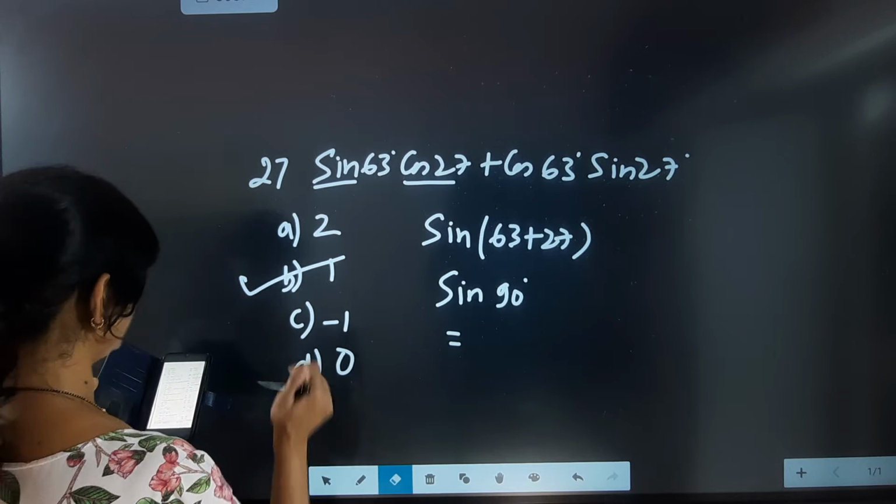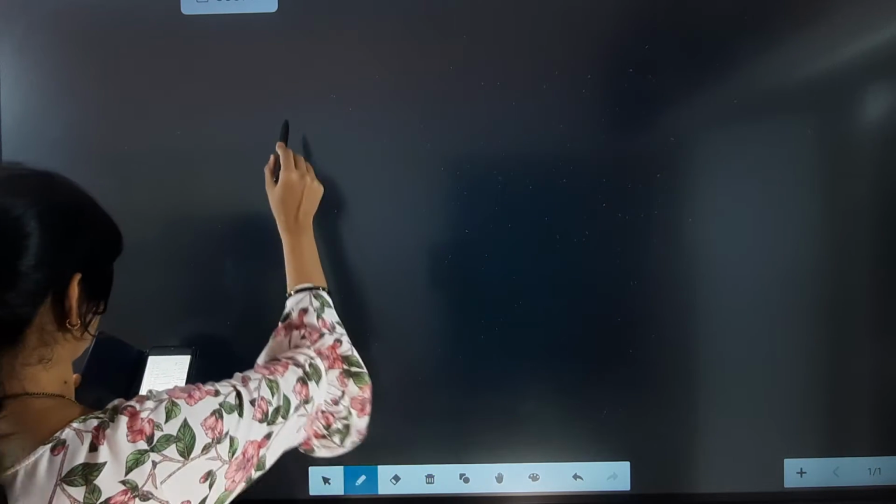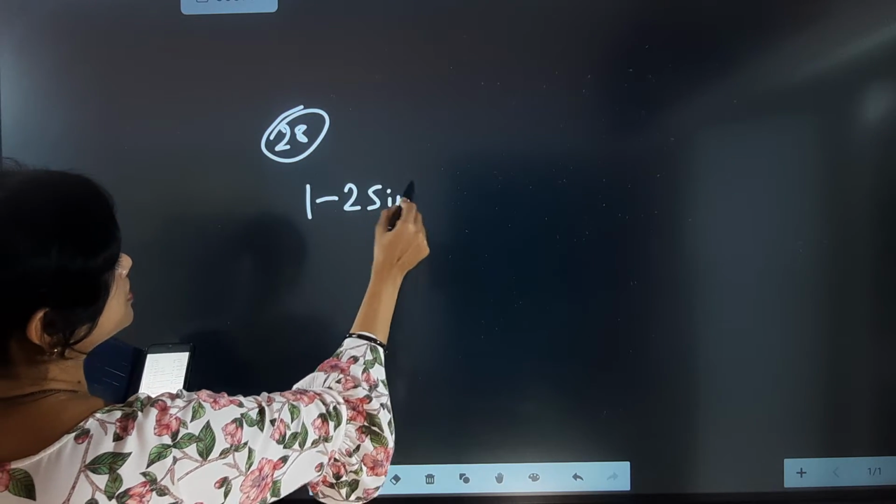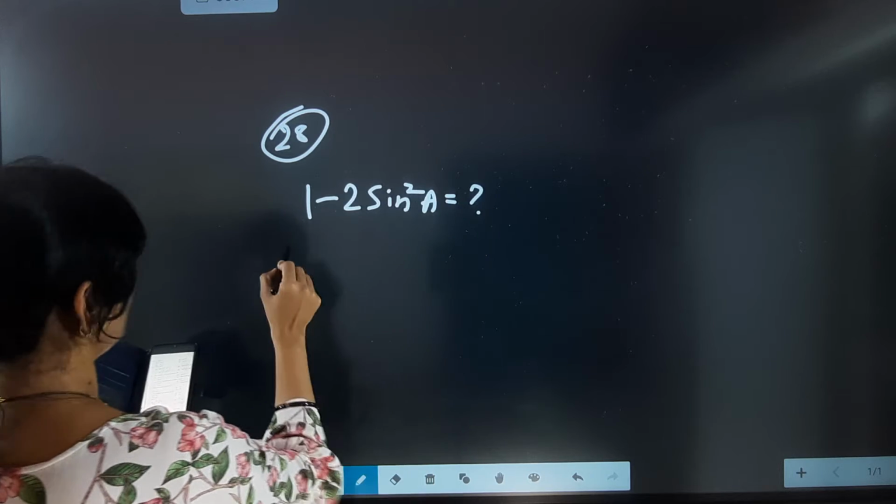Now the next question, question number 28. It is written that 1 minus 2 sin square A will be equal to what?